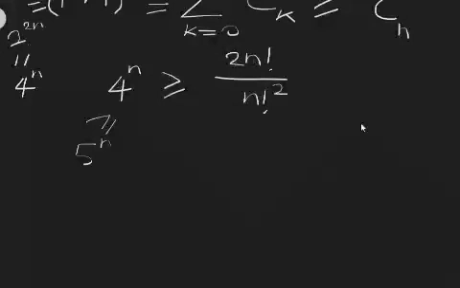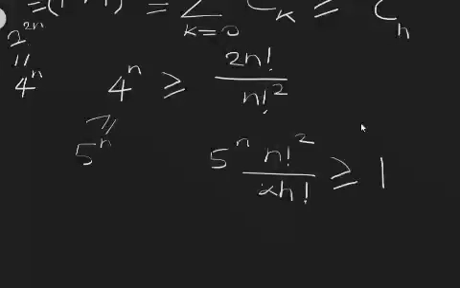And when you simplify this, let's cross multiply: (n factorial) squared and 5 to the n, and (n factorial) squared divided by (2n) factorial, which is greater than or equal to 1.